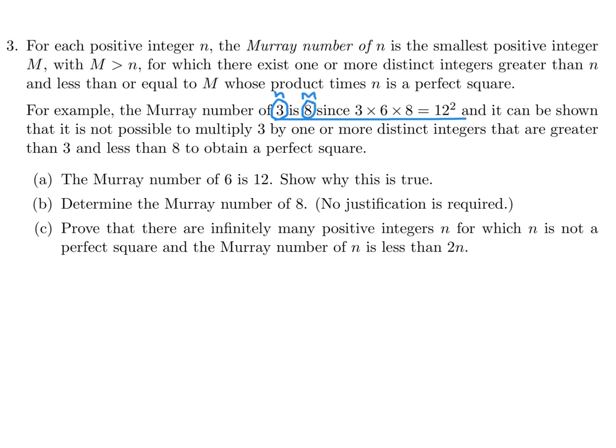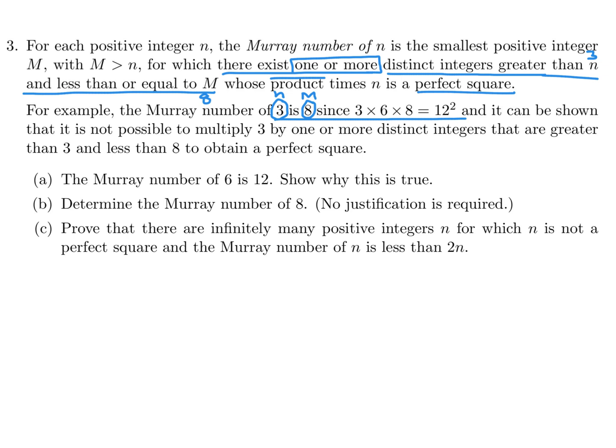Now, why is it 8? And the reason is because there exists one or more distinct integers greater than n, which in this case is 3, and less than or equal to m, which in this case is 8, whose product, meaning multiplying them all together, is a perfect square.